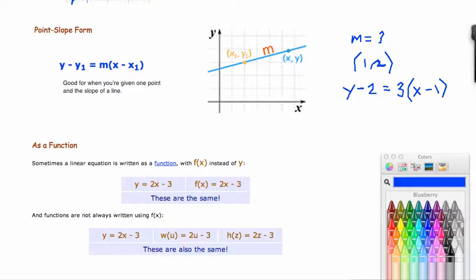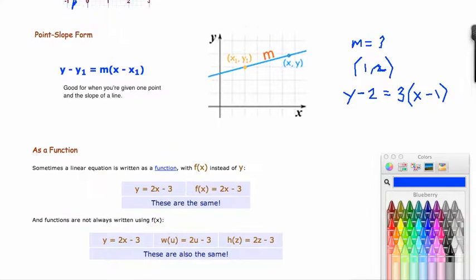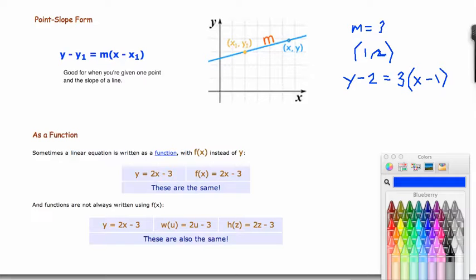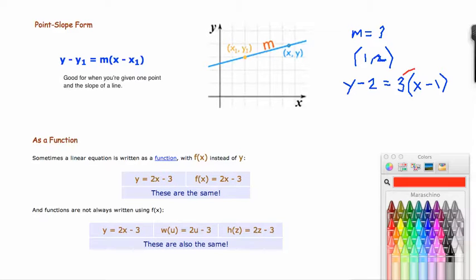Now, if you wanted to, you could switch that back into the slope-intercept form up here. To do that, all you need to do is distribute this 3. So y minus 2 equals 3x minus 3.